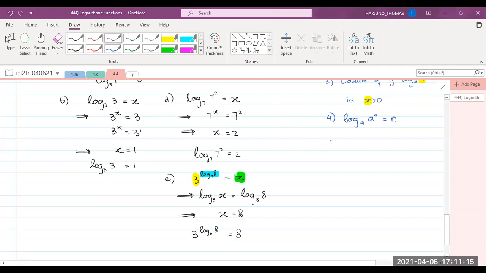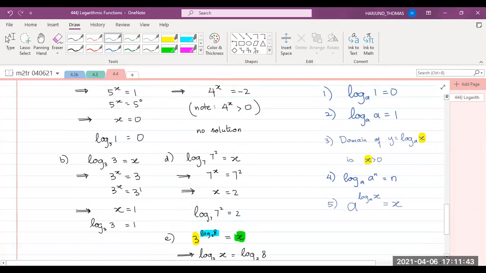That leads us to basic property number 5: a to the power of log base a of x is equal to x. Now those are 5 basic properties of log.